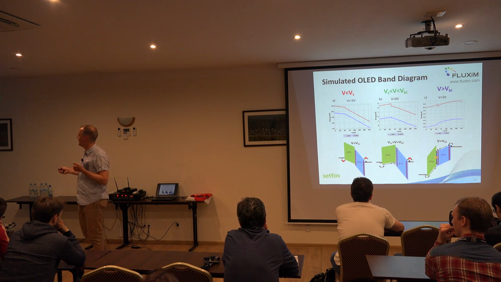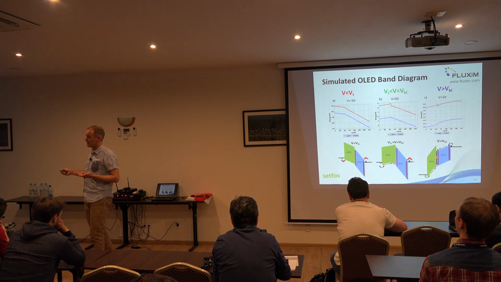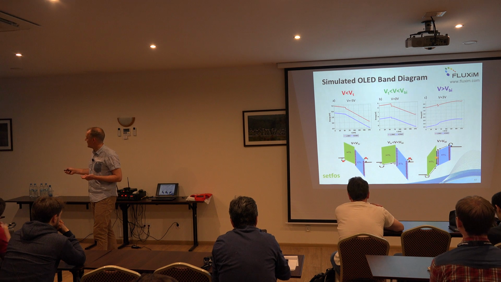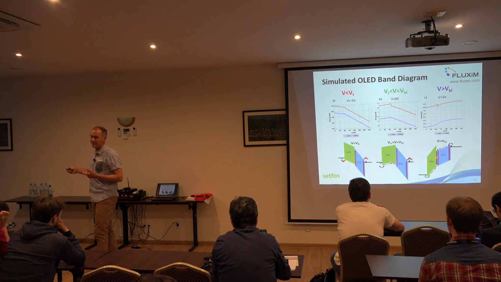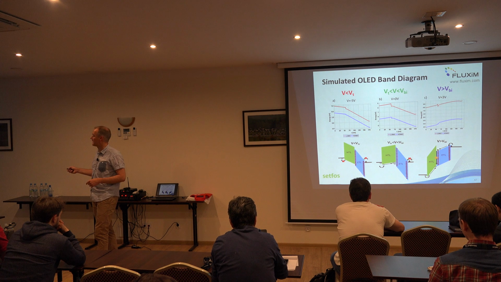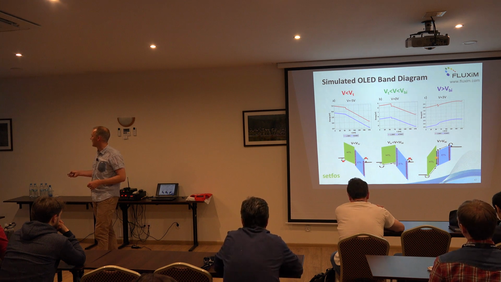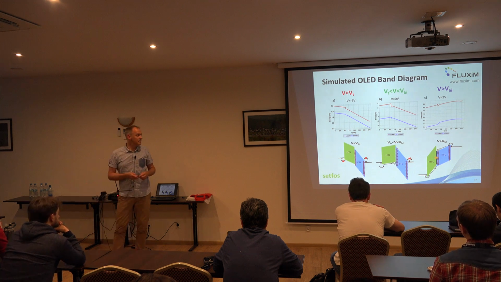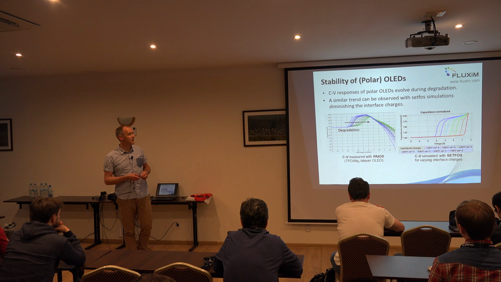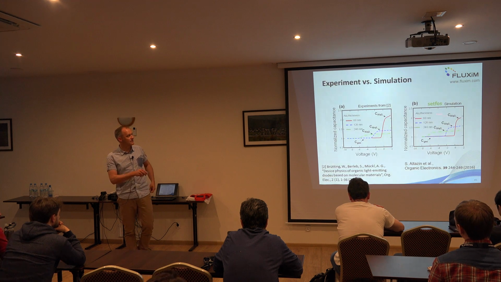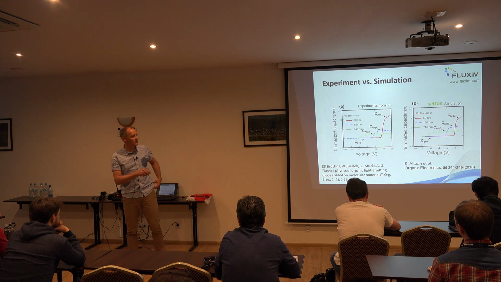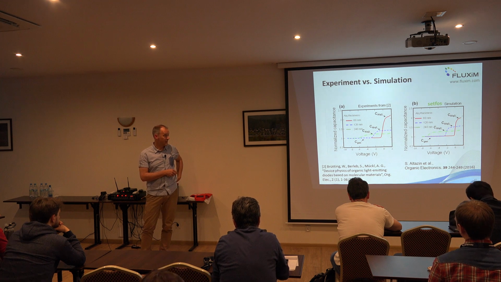If you go higher than the built-in voltage, then you start to inject the electrons as well. As you can see here, the electrons can now go downhill, they are injected, and the holes can go uphill. So now it's a bipolar operation, but in this intermediate voltage regime we have only holes. And this is nicely visible in this measurement. As you can see, it's nicely reproduced by the simulation.